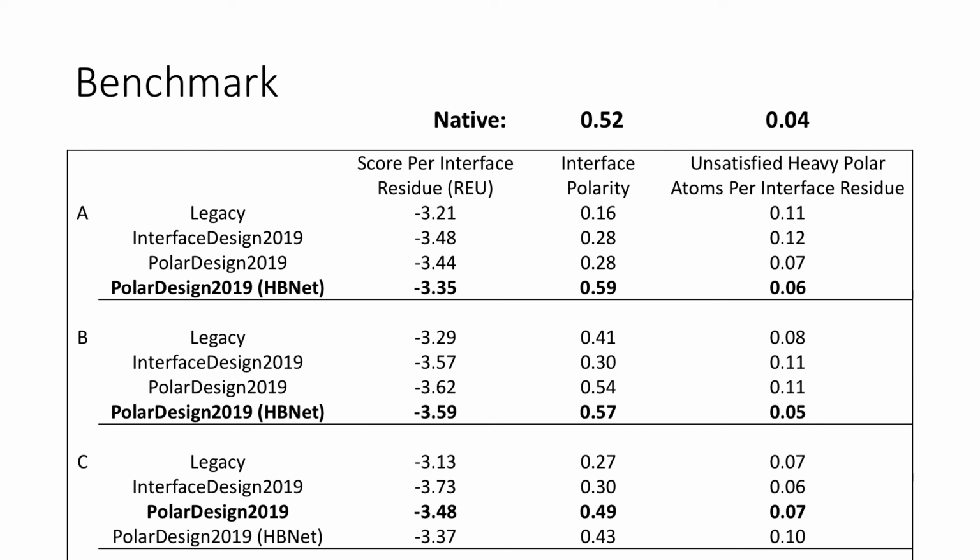And then moving on to the second set of proteins, which isn't really distinct from the first set, just separated to make room on the slide. We have another case where HBNet didn't make things any better, and then two cases where it's kind of a toss-up. I'm not enough of an expert to know how polar you really need to be.